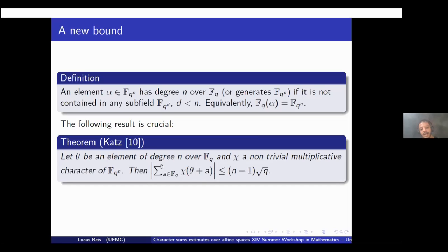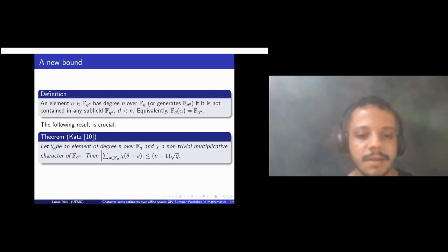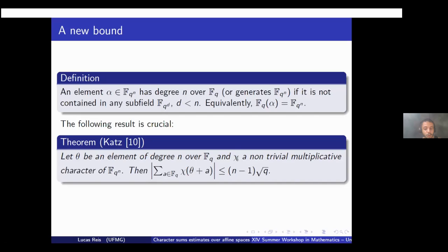It gives a non-trivial bound for the character sum, right? So I'm just taking the F_q translates of an element eta of degree n over F_q. Chi is non-trivial, right? We always take non-trivial characters, otherwise this sum is trivial, it will be just the size of the set. Here, the field is F_q.